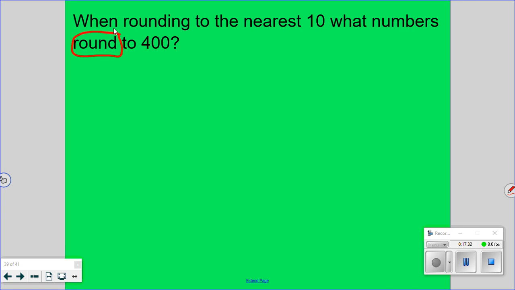It's a close to number. This question is saying, okay, you're rounding. What numbers would round to 400? What's a close to number to 400, that if I put it on a number line, you would say, you know what? That rounds to 400.